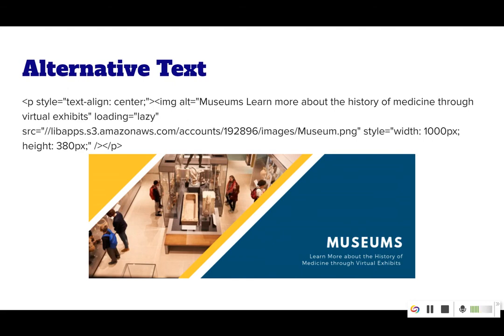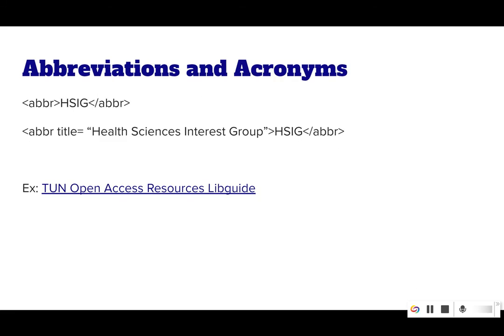Here's an example of the HTML tag for a photo with alternative text from one of our subject guides. Abbreviations and acronyms might not always be clear for two reasons. First, someone might not know what the abbreviation or acronym stands for.